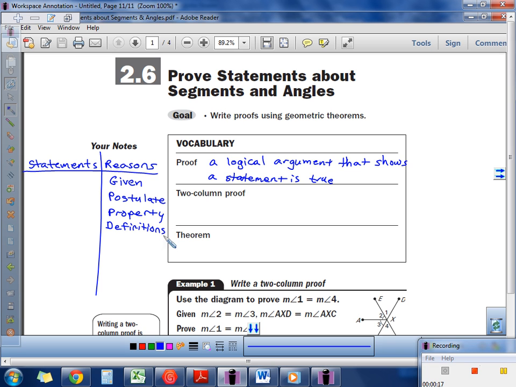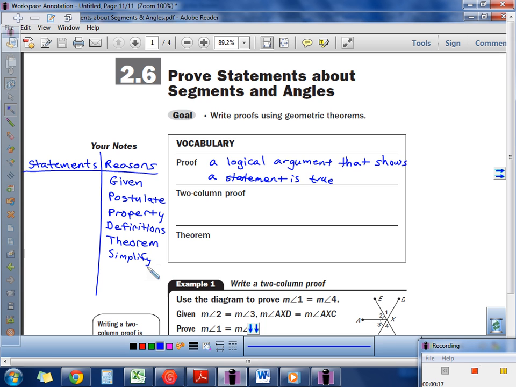One more. And it's written in your definitions. It's written theorems. Occasionally you'll have the word simplify, which is not really a property or theorem or definition.